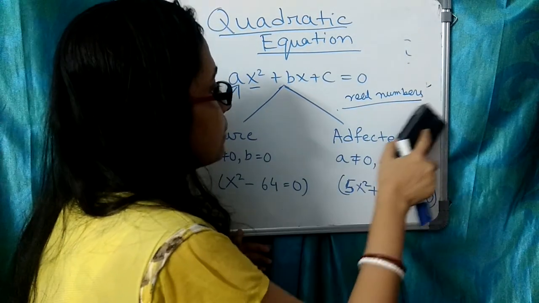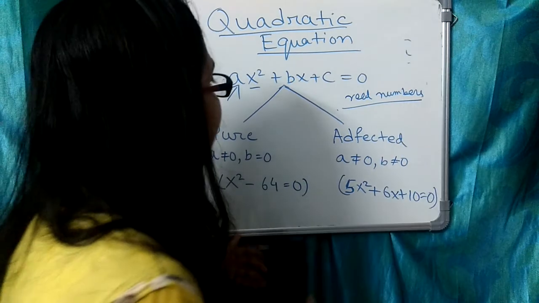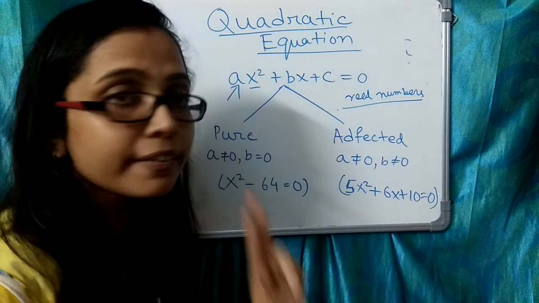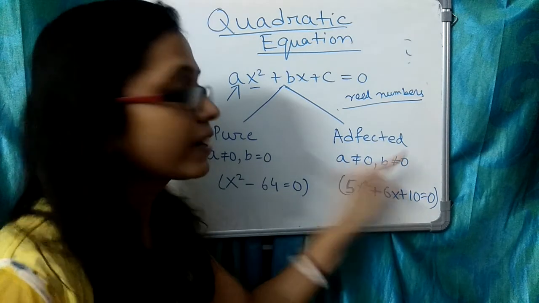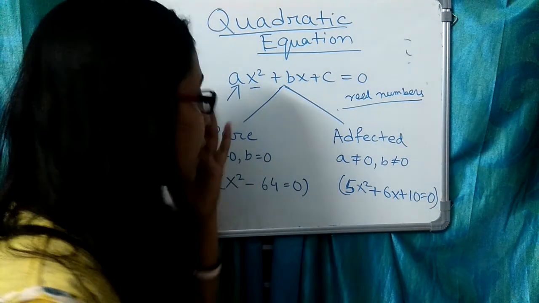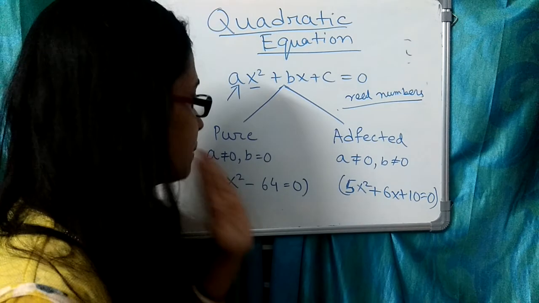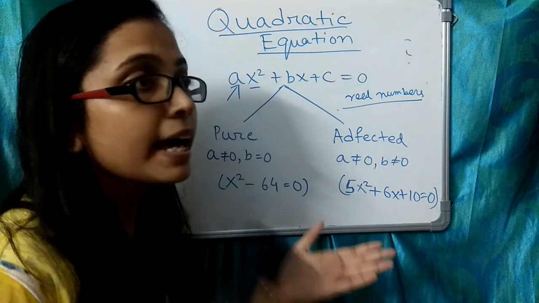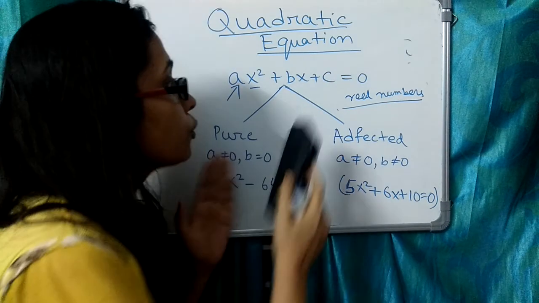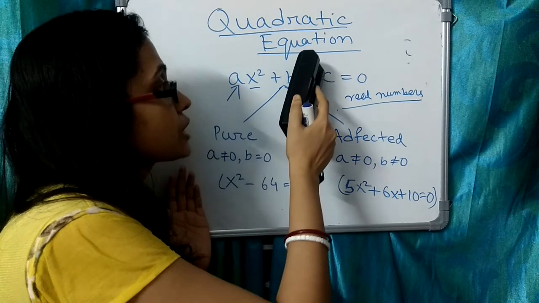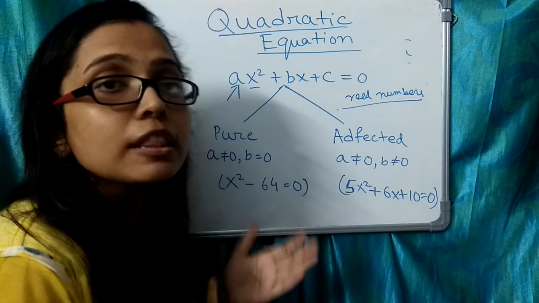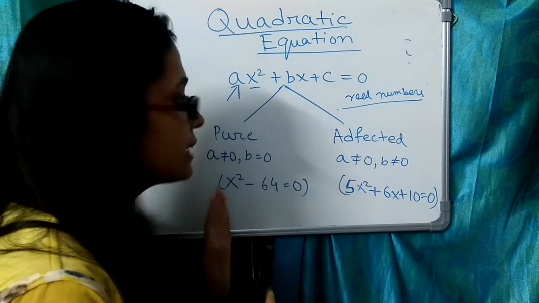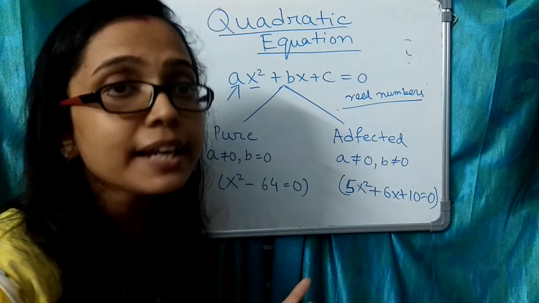Now let us come to the part that it is divided into two types. One is pure quadratic equation, one is adfected quadratic equation. So what is a pure quadratic equation? Pure quadratic equation is when b is equal to 0, that is the variable x which has degree 1 will not exist, only degree 2 will exist. Why?